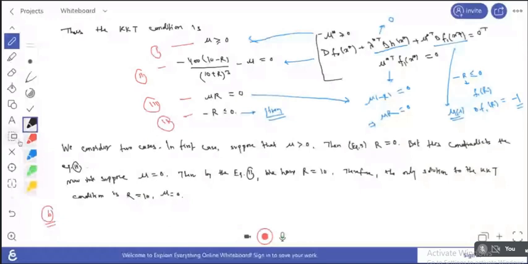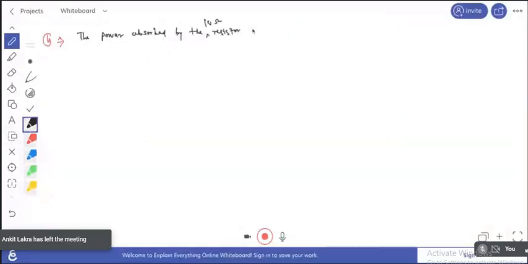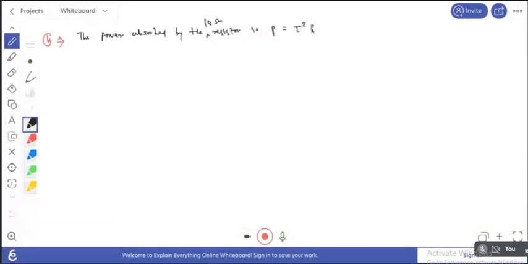You know that the power formula is I square R, and here R equals 10 ohm.